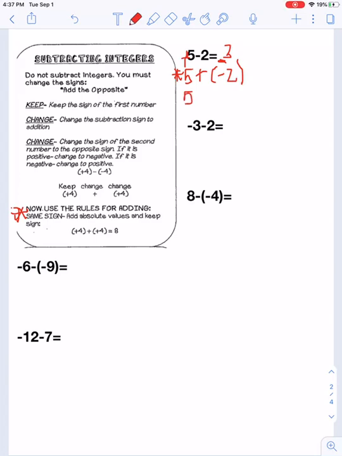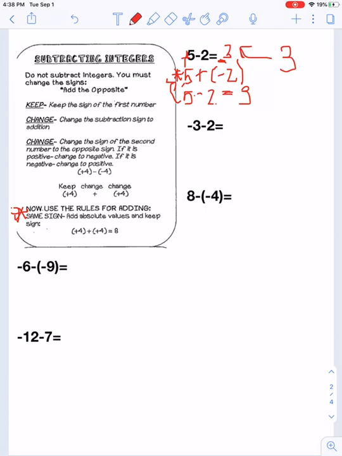So we would do 5 minus 2 and get 3. Well, 5 is the larger number. I go back up and look at the addition problem we just made, and we saw 5 was a positive number. Therefore, my answer is going to be a positive 3, just like we said earlier.